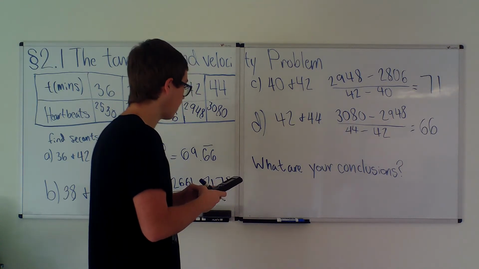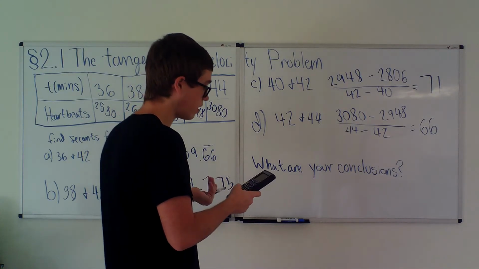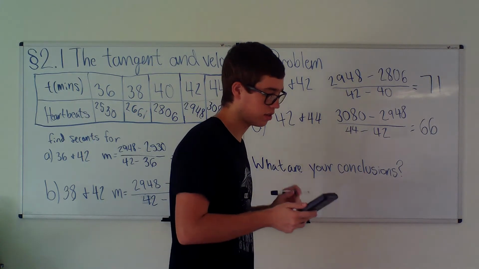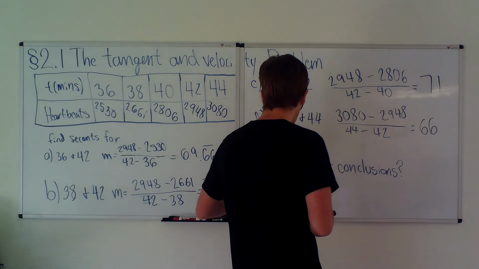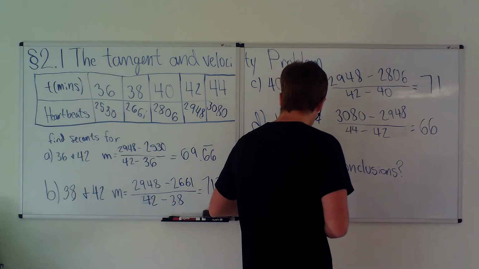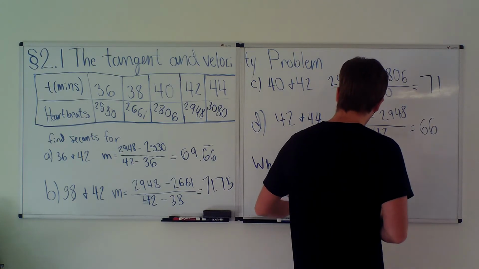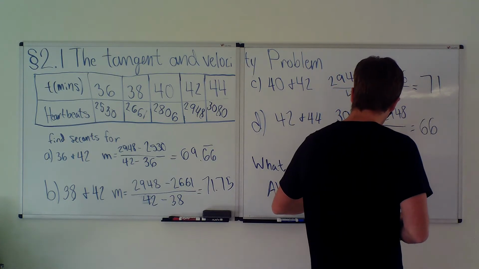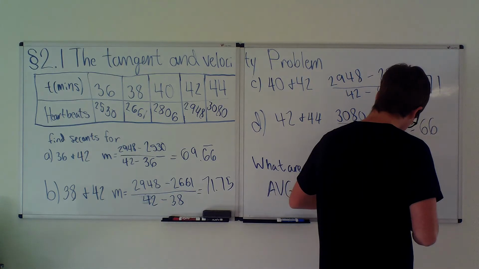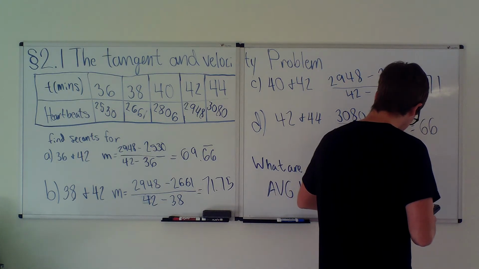Divide that by 4, and that equals 69.6025. So you could say the average heartbeat per minute is approximately 69.6.